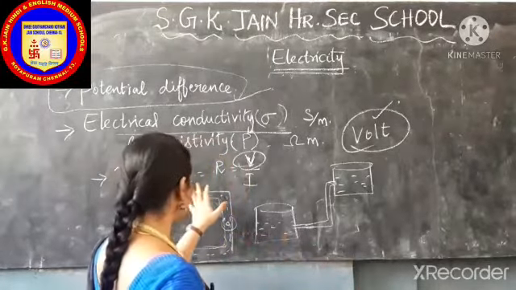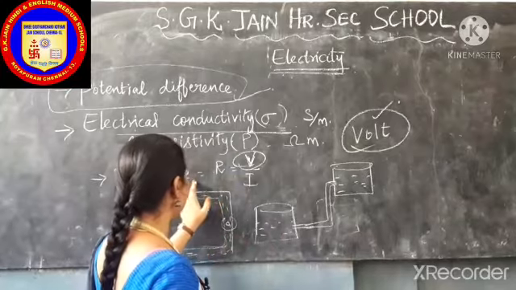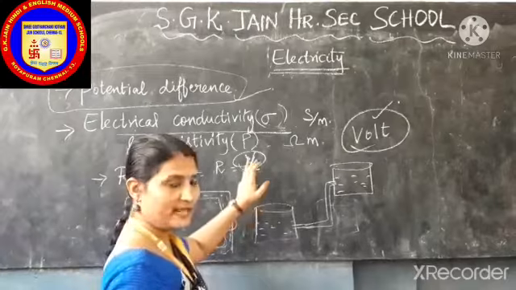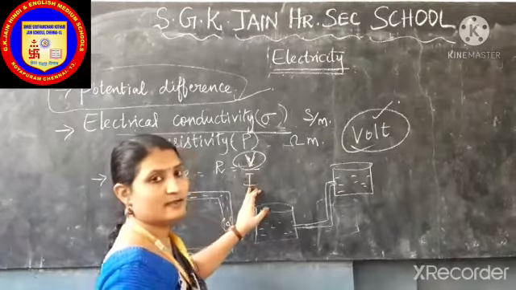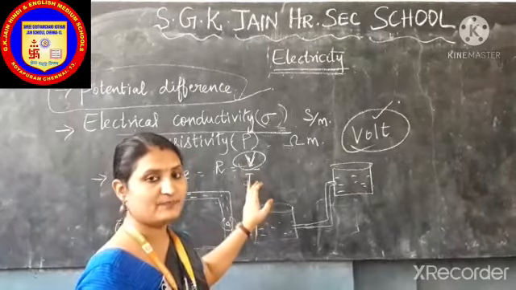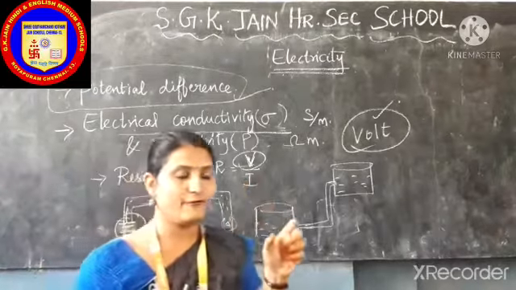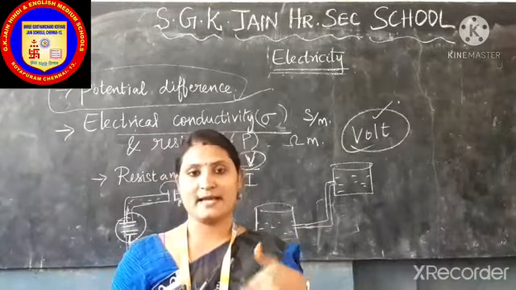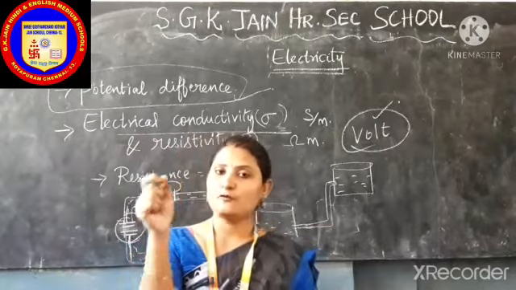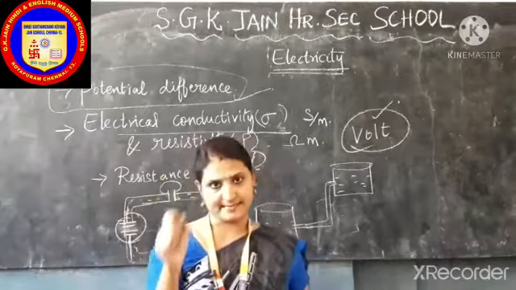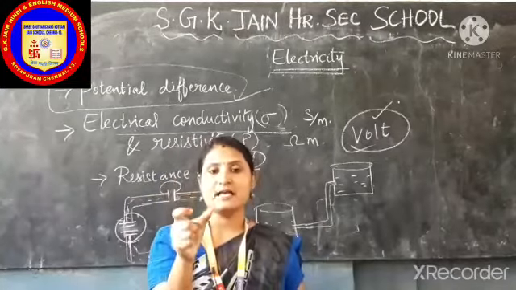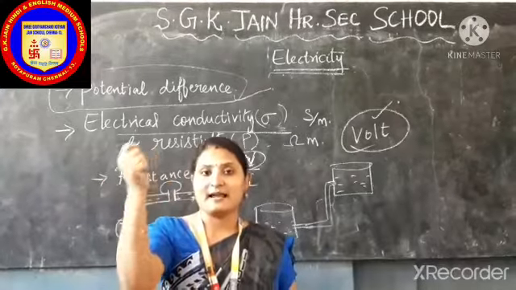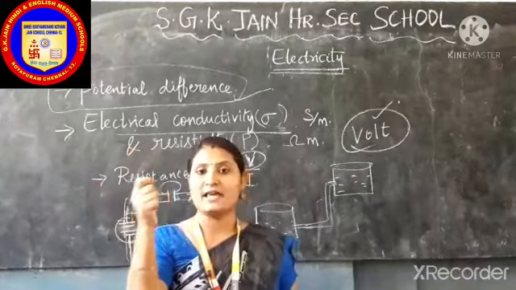And another thing, resistance is the ratio of voltage and current through the circuit. That means, if I connect a high resistance component, what will happen? The flow of electric charge will be less. So in that case, high potential difference is needed to drive the electric charges.